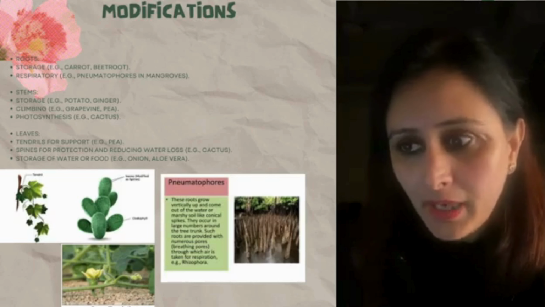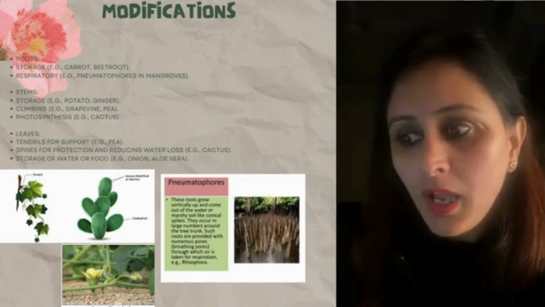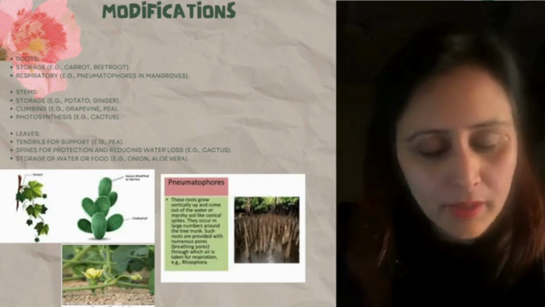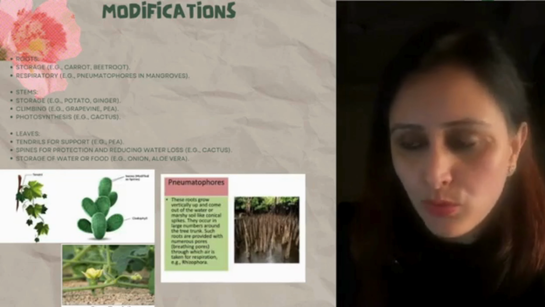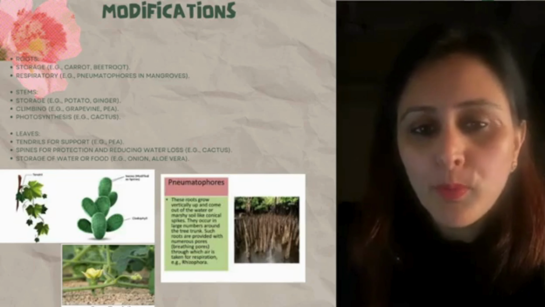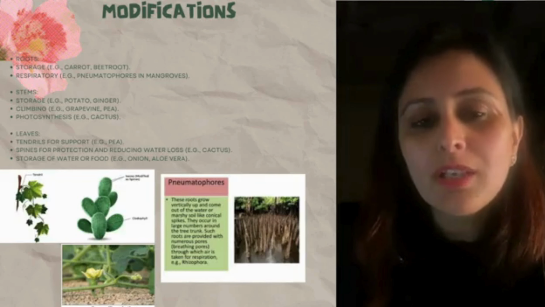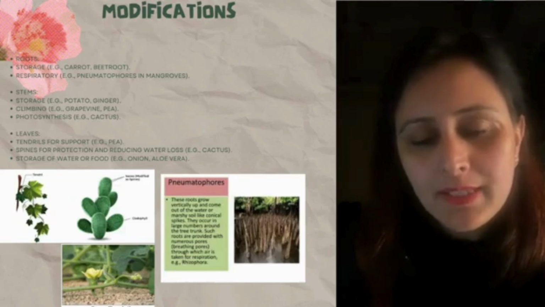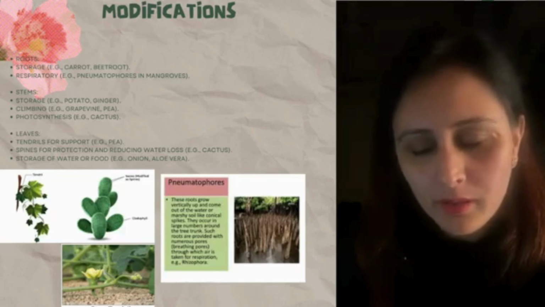Spines in the case of cactus, we have talked about it, and storage of water and food in the case of onion and garlic, right? We have talked about that also. So here are a few modifications and adaptations shown by the different parts of plants, and they are seen very commonly around us.